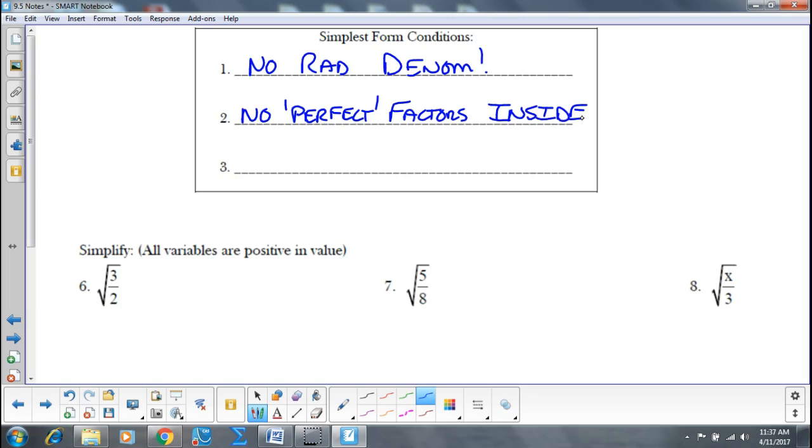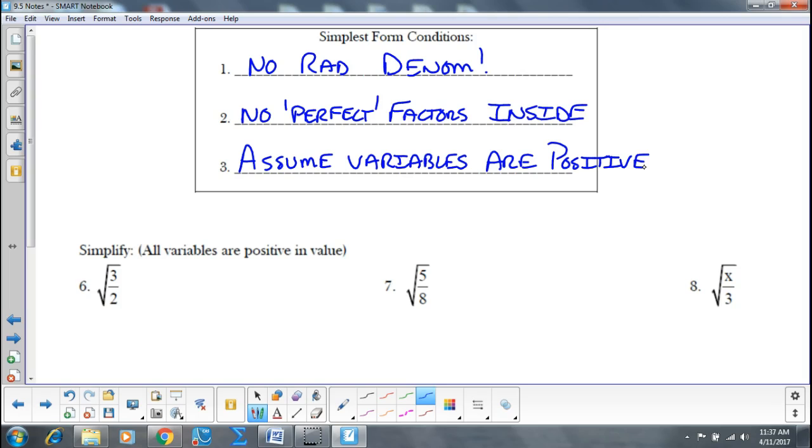So you got to make sure that they're all the way simplified. And then the last thing is we're going to assume that the variables are positive. Because then that avoids that whole i part that we have to not worry about.